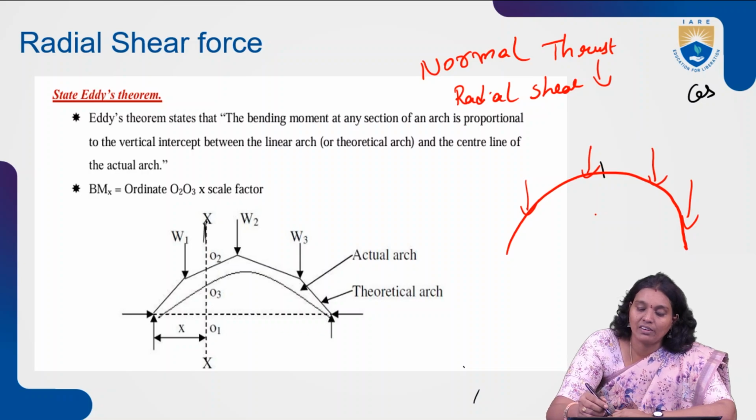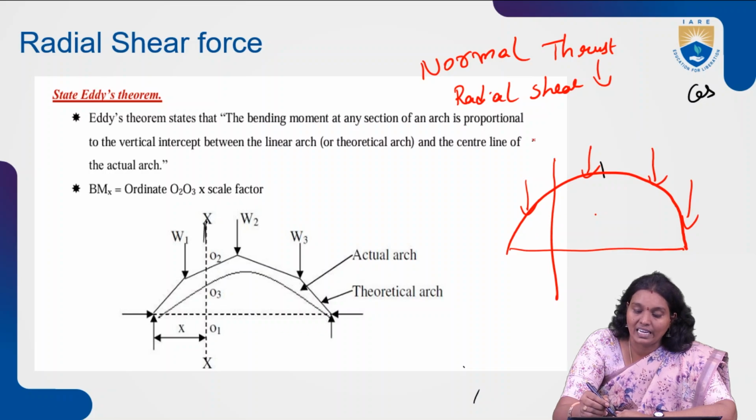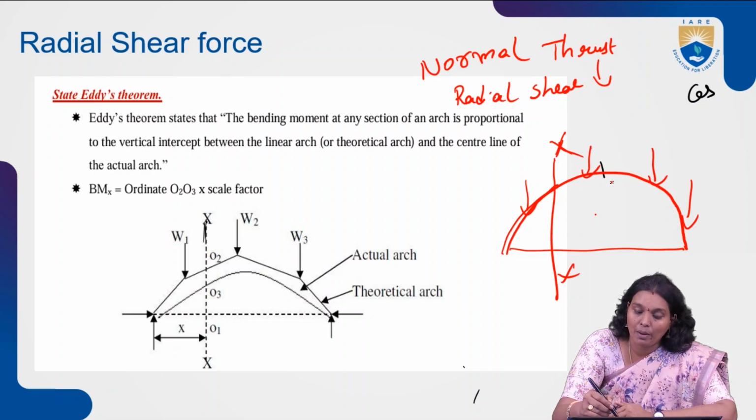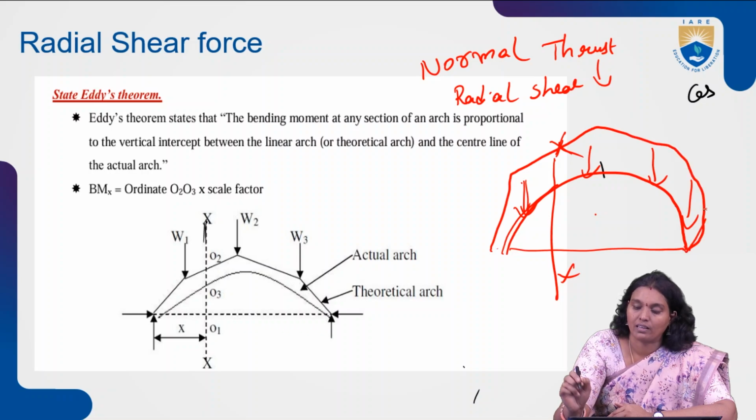In any section we consider, whenever we consider any section from anywhere, the bending moment of an arch is proportional to the vertical intercept between the theoretical arch and the actual arch. Once we apply these various load conditions, we draw their bending moment.